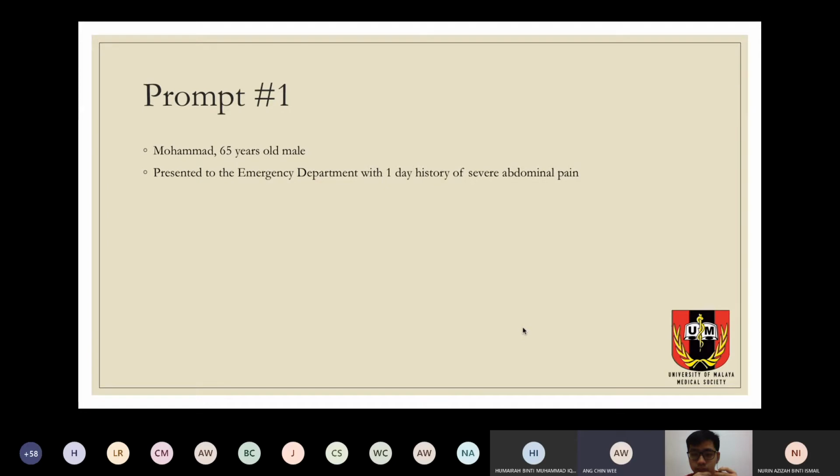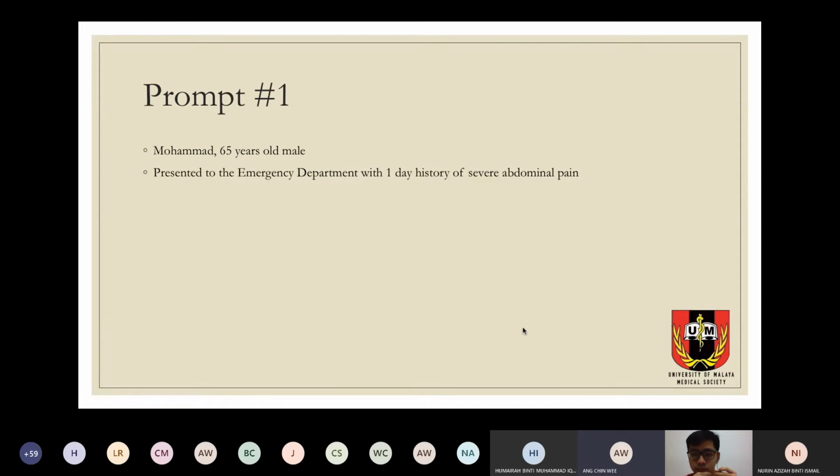What could be the differentials from there? What would be your differential diagnosis from that first prompt? Always think that you're a detective in that scenario. You have very limited clues, but it doesn't mean that you can't work out differentials from there.